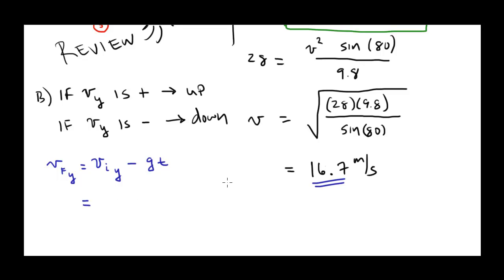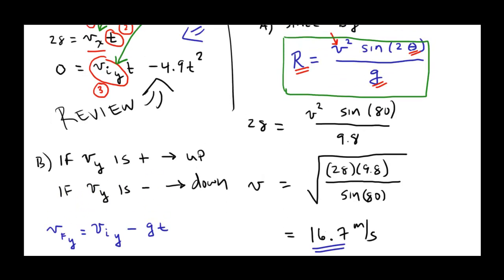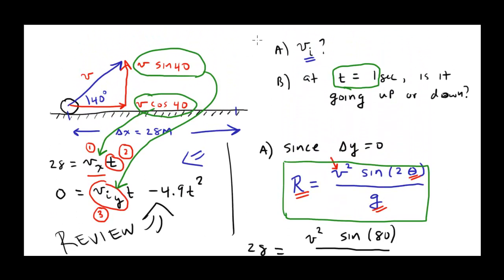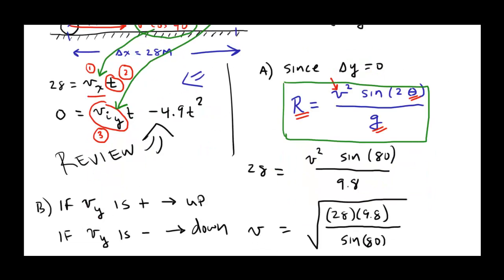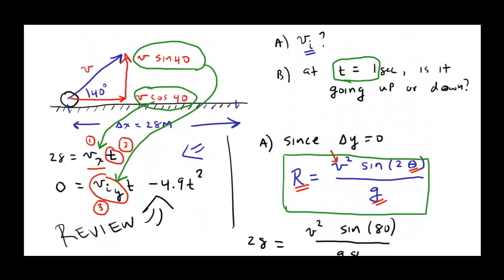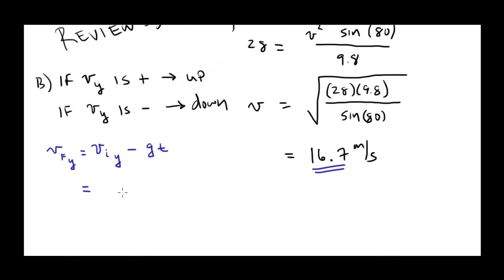V initial y, I can find that now, right? Up here, I know it's V sine 40. And I know V is 16.7. So V initial y is 16.7 sine 40 minus 9.8. And what was my time? 1 second.